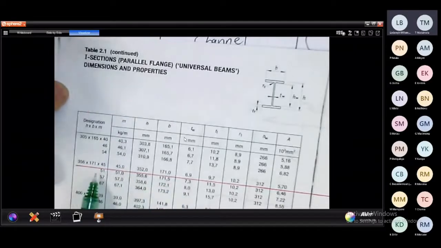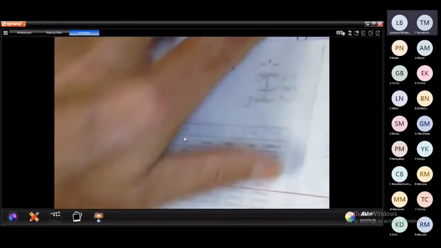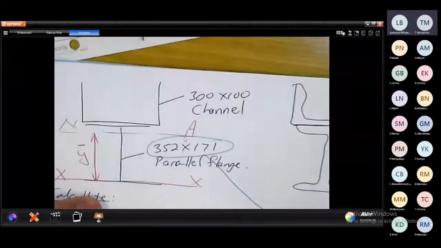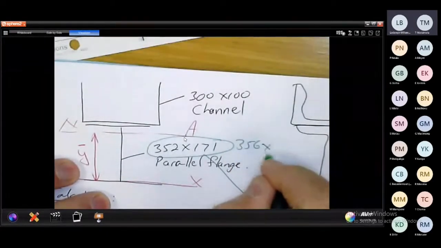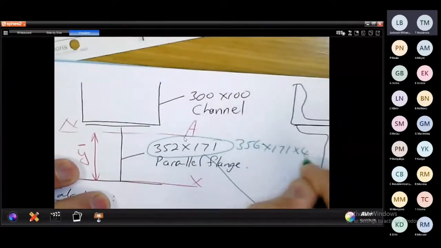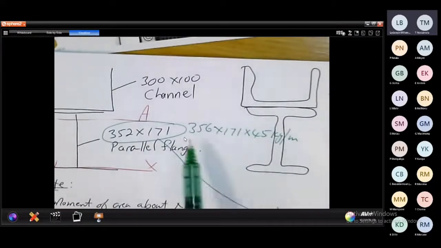But if you check here, on the left, that is your description of it. The guys can say that this one is also 356 by 171 by 45 kilogram per meter. He can also indicate this to you.